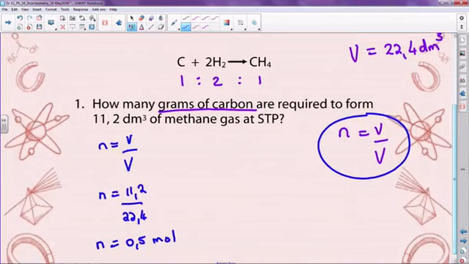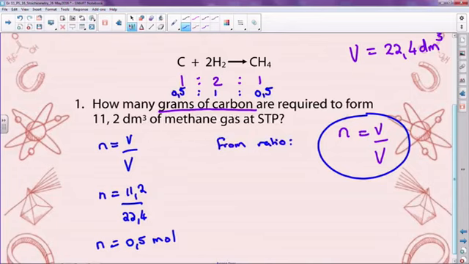Now I take that and I put it into my ratio. I've got half a mole. I use 1 mole of hydrogen and I need half a mole of carbon. So I'm taking it from the ratio.